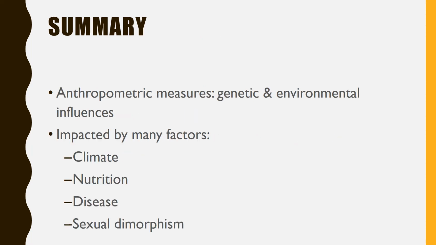So in summary, anthropometric measurements show both genetic and environmental influences. Human growth and development, as one example, portrays patterns throughout human populations that can be affected by many different things, including climate, nutrition, disease, and even differences between sexes, between males and females.